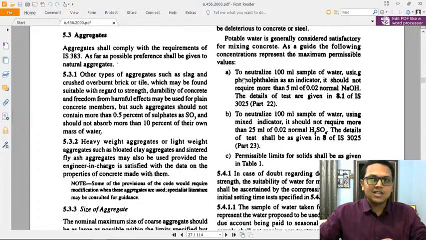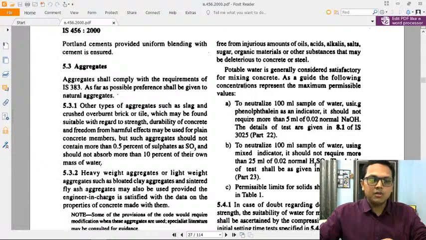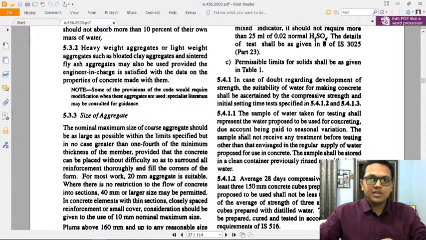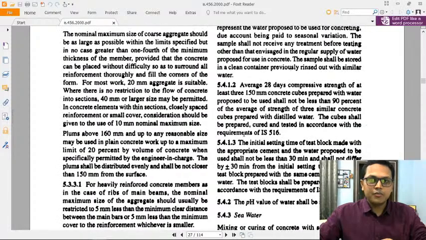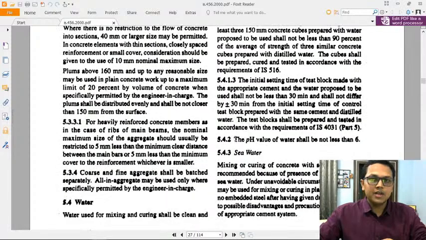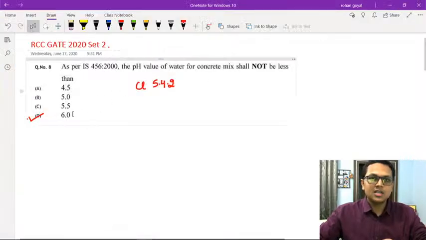So it starts like this, and it tells you what type of water shall be used for the concrete mix design. And clause number 5.4.2 mentions that the pH value of the water shall not be less than 6. So the answer to this question is 6.